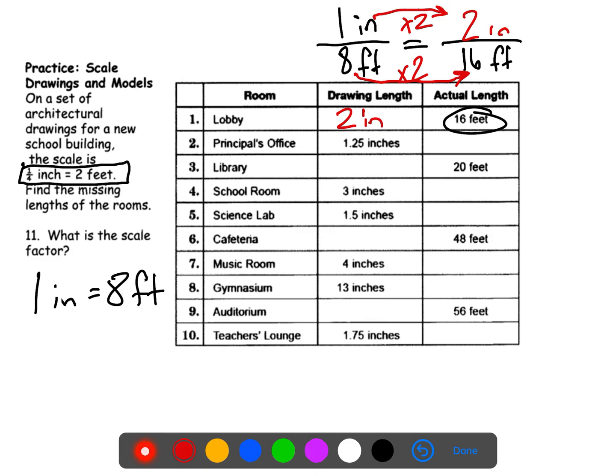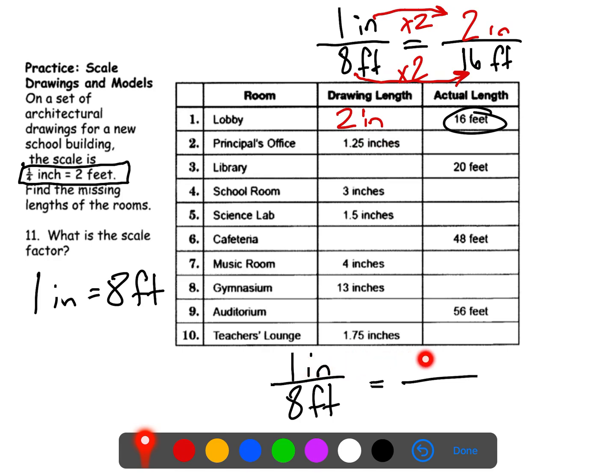Now, if I go the other way and I'm given the drawing length and need to find the actual length, I can do it the exact same way with just a few slight changes. So I'm going to set up my scale factor. Now, here's where I need to be careful. So I'm given 1.25 inches. That's on the drawing.